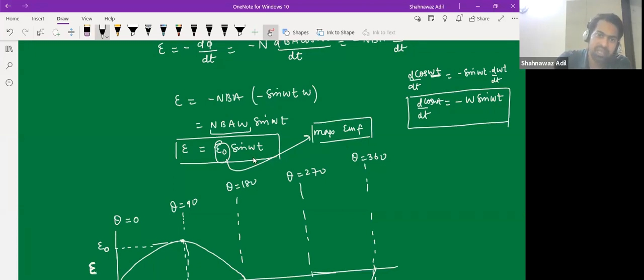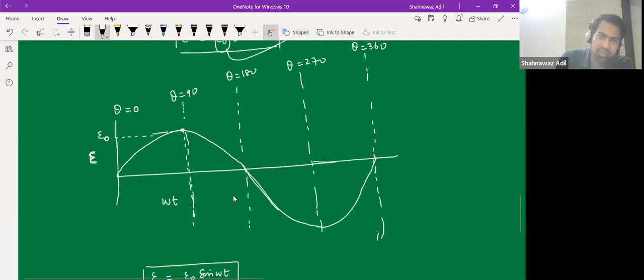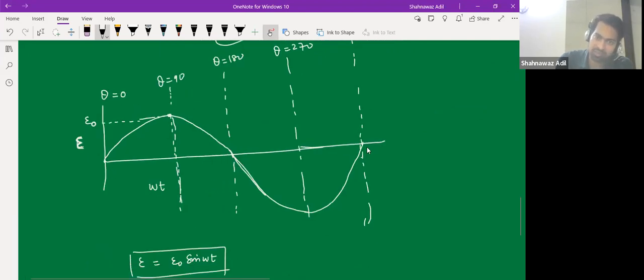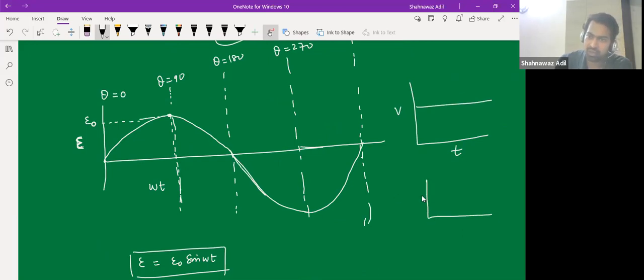Okay, and you guys can see that this EMF is a varying one. I don't have a voltage which is constant over time. I have an EMF which is fluctuating. So this will create a current which would be fluctuating, right?